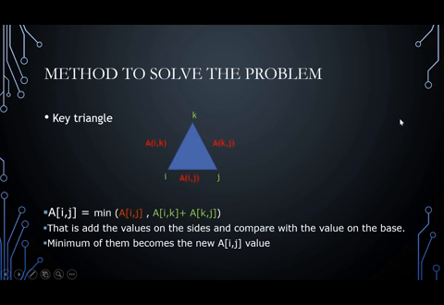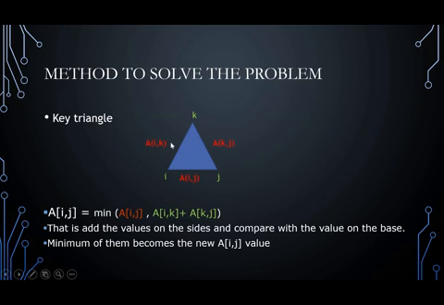So how do we solve this problem? The algorithm is fine, we understood the algorithm. How do we solve this problem? For this, I have devised a particular technique, which I call the key triangle technique. For every element in the matrix, I draw a triangle. On the left side, I represent the A of ik value. On the right side, I represent the A of kj value. And on the base, I represent the A of ij value.